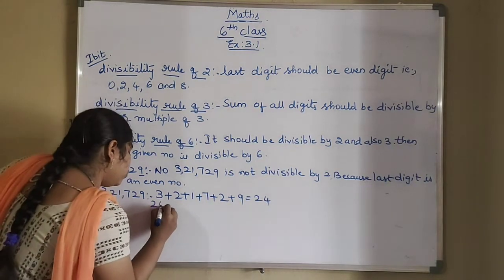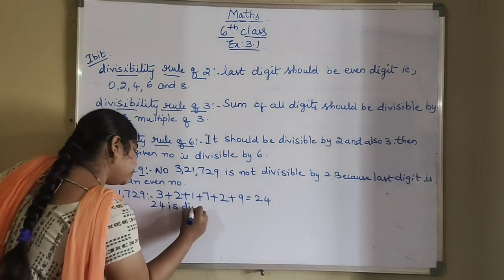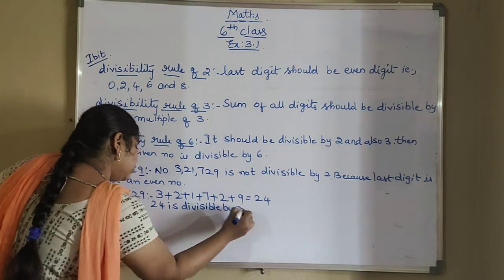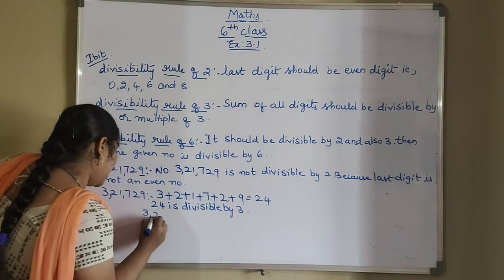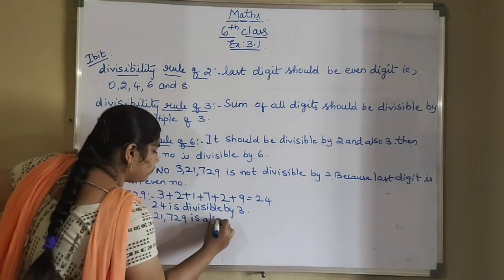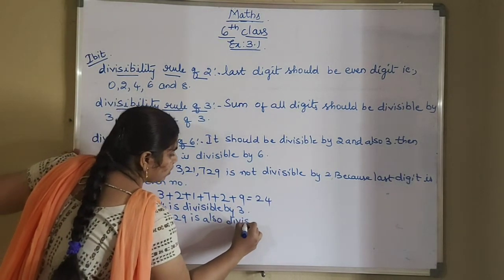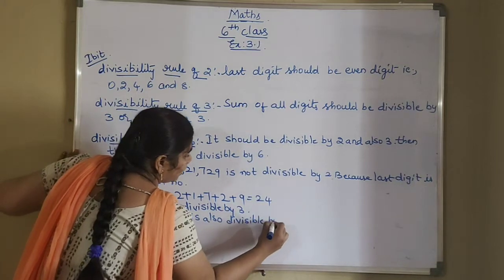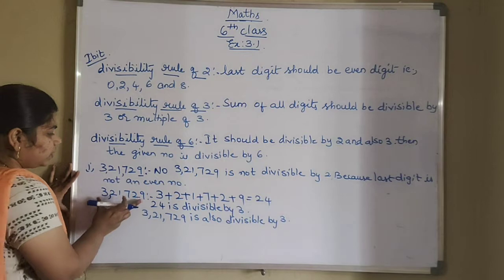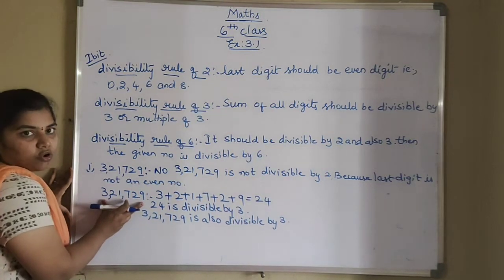So 24 is divisible by 3. Therefore you can say 3,21,729 is also divisible by 3. Now we have to check for 6. Whether this number is divisible by 6 or not, we have to check.